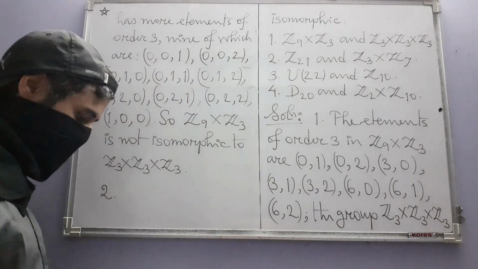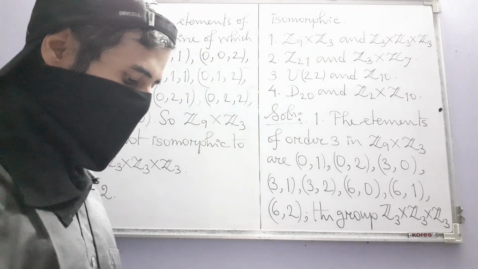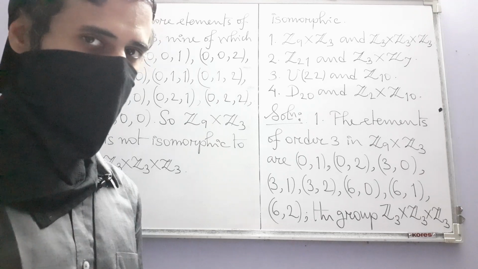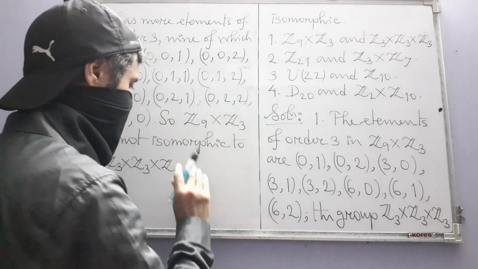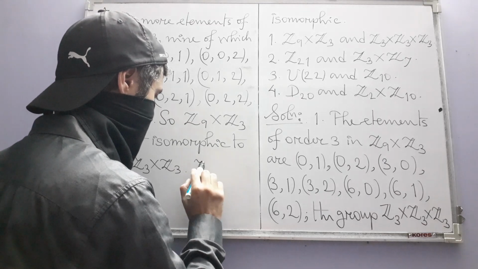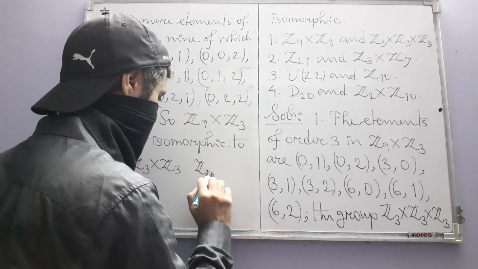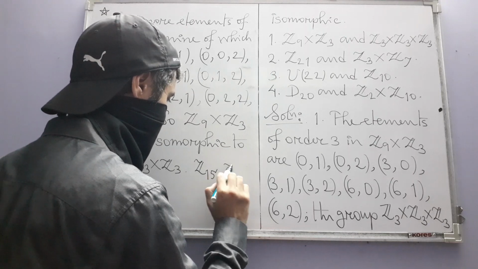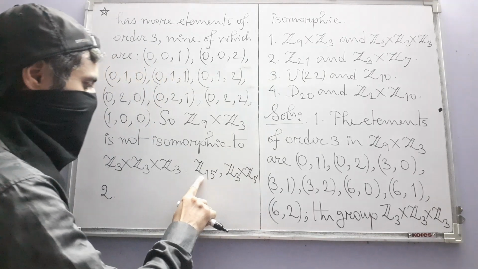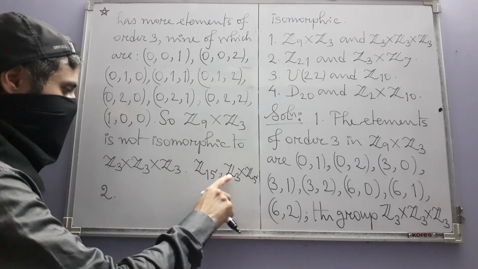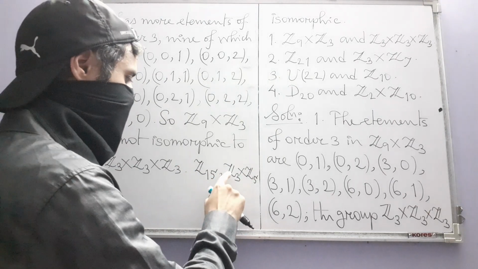For that, you have to go back to example 4.16 of this section. There, a similar situation occurs when the author considers these two groups, Z15 and Z3 times Z5. It may be in the other order, okay, Z5 times Z3.